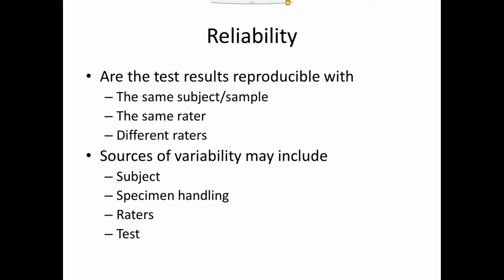It may be in the way the specimens are handled, processed, scored, transformed, whatever it is that you're doing. There may be some variability in how the people interpreting the test perform. And the test itself may have some inherent variability and noise.